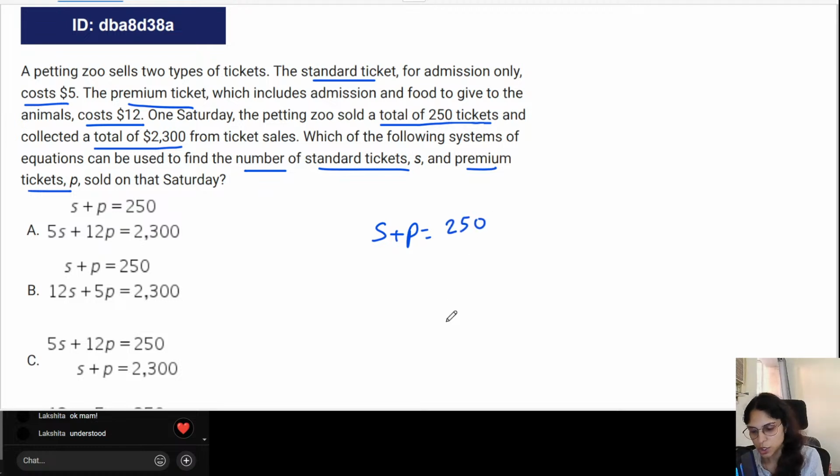And in the money, we're going to multiply the number of tickets with the price of each ticket. So for standard ticket is 5. So 5 times S. For premium, it's 12. 12 times P is going to be 2,300. So S plus P is 250.